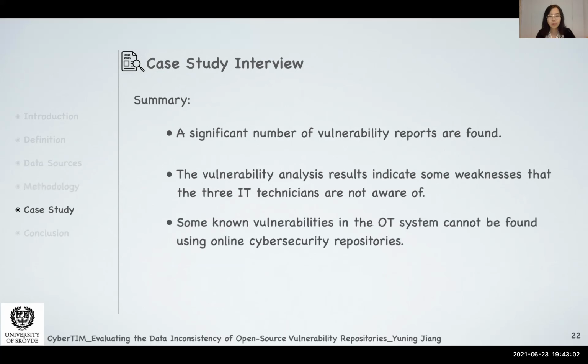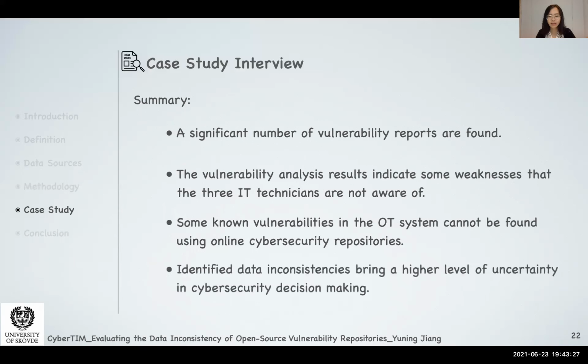Still, some vulnerabilities known to those 3 technicians in the OT system cannot be found using online cybersecurity data sources and are not published by the vendor. The lack of OT vulnerability records also indicates the incompleteness of online cybersecurity data sources.